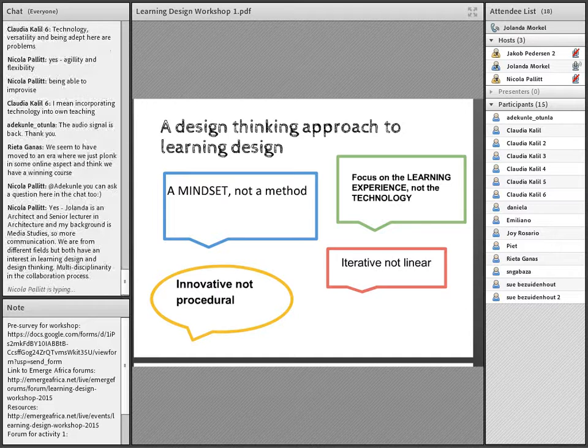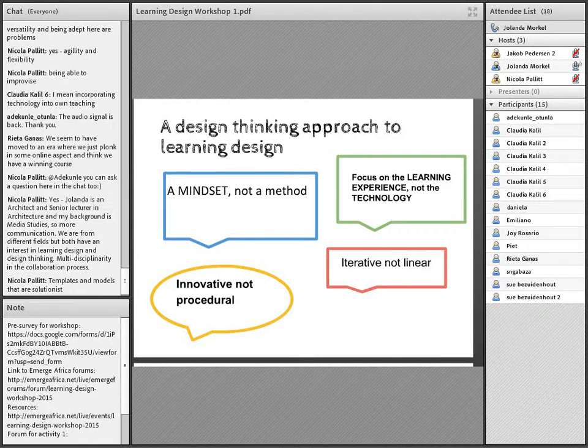And what we want to do differently is that we want to focus on the design thinking approach that is innovative and not procedural. When you go into an autopilot mode of just solving a problem, you miss out on the creativity and innovation and creating new solutions.